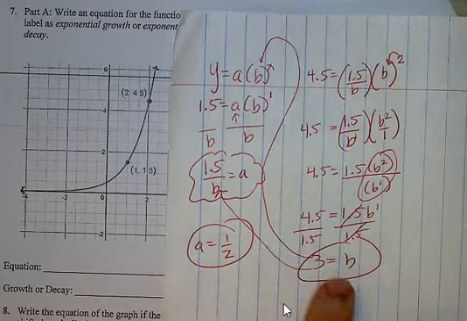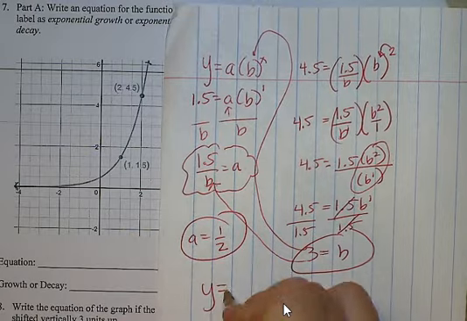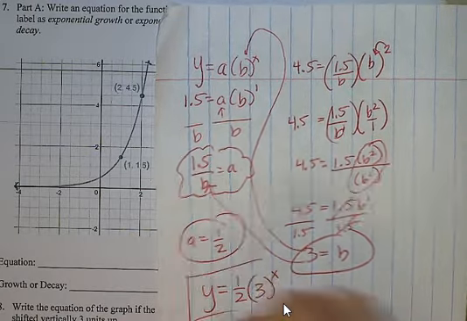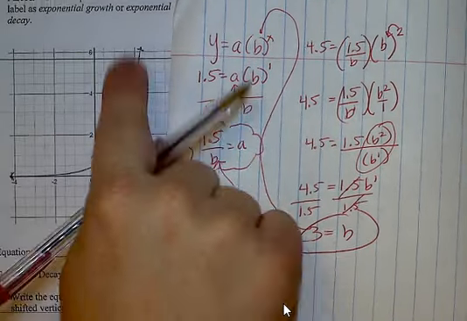Okay, there's your b and here's your a. Let's rewrite the equation. y equals 1/2 times 3 to the x. That is my exponential equation that models this graph.